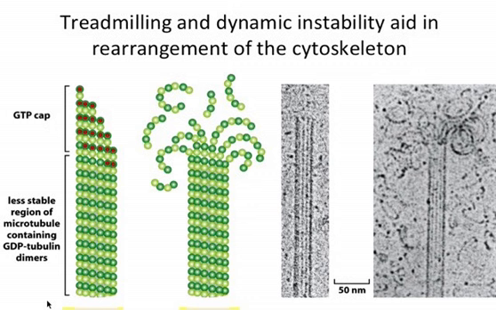And when growth starts to slow down, and that's due to the concentration of monomers in the solution or in the cell, that allows the GTP hydrolysis to catch up. So then you have hydrolysis of your GTP cap. You lose your GTP cap, and then you start to disassemble, and you shrink in size, and that's called catastrophe.